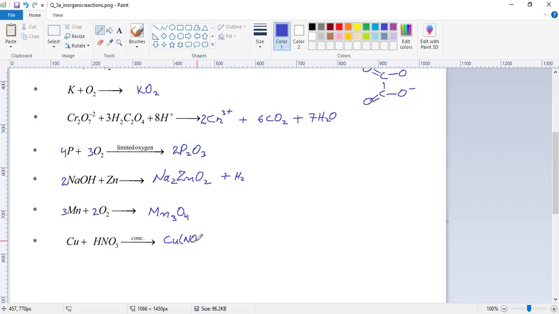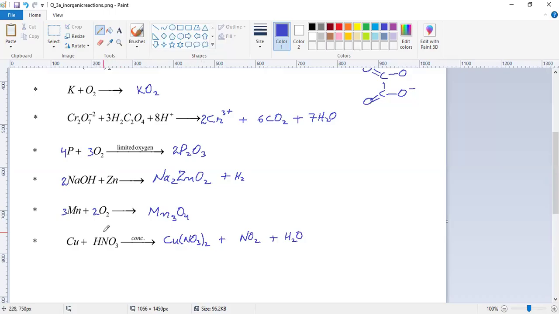So the formula of nitrate would be Cu(NO3)2, and nitrogen dioxide must be liberated, and along with this, water is produced. As this is a redox reaction, so again you can use the ion electronic method.